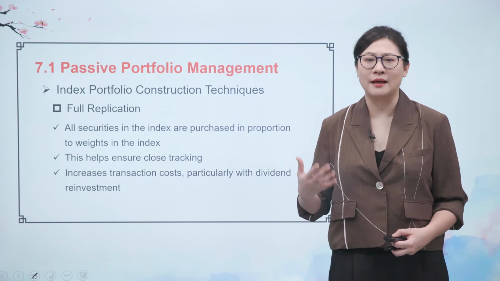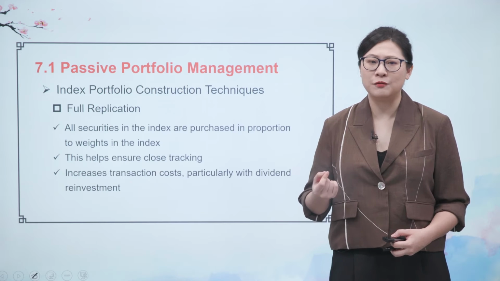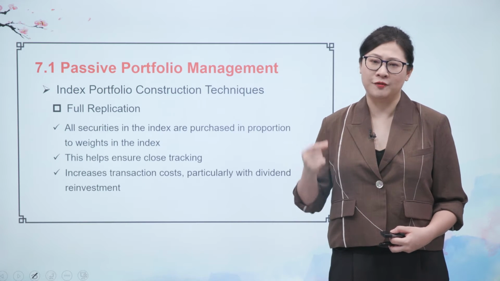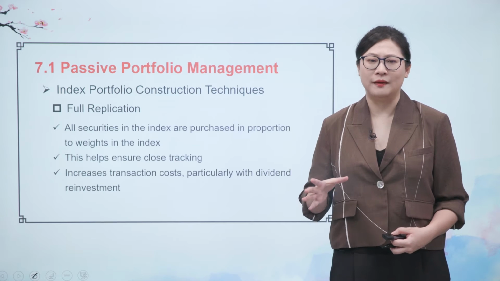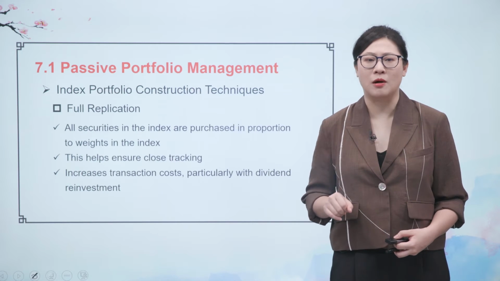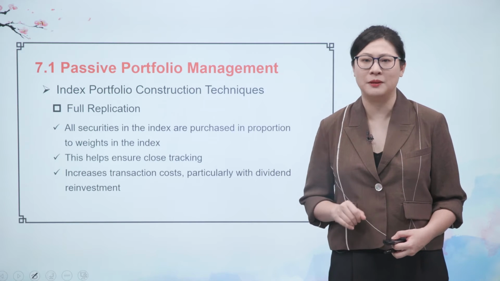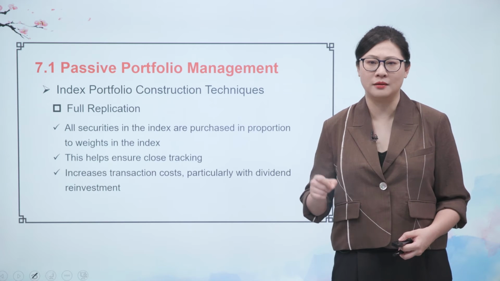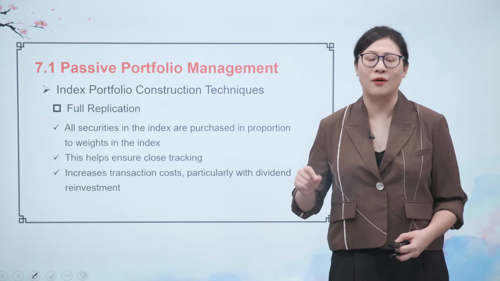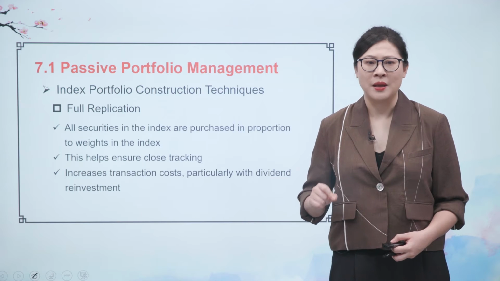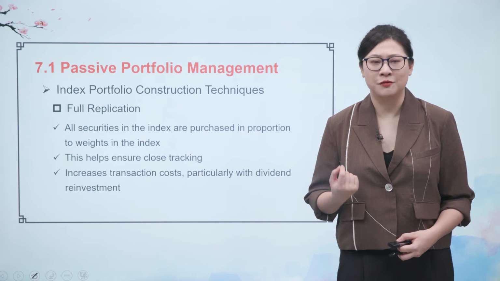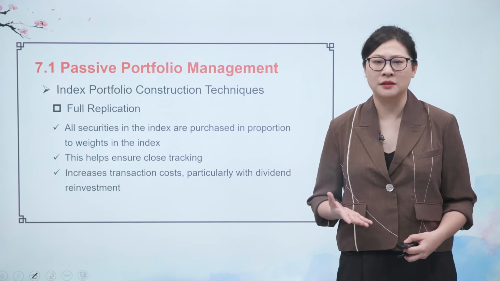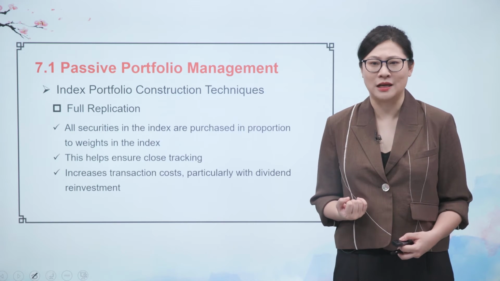I can give you an example. If you fully replicate the SSE 50, you will definitely hold these 50 stocks in your portfolio. So that's full replication. And this will help you ensure close tracking to your benchmark index. The last point for full replication is increased transaction cost, particularly with dividend reinvestment.